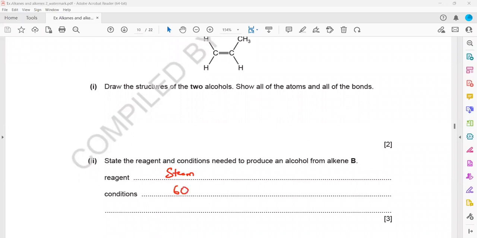You wrote 6000 kPa, and you're right, in pascals that's fine. The temperature for this reaction should be 300 degrees centigrade, and phosphoric acid is the catalyst.